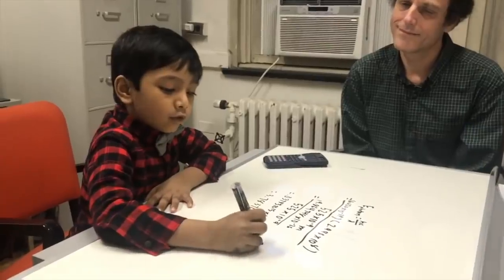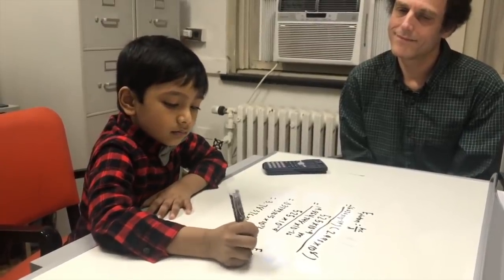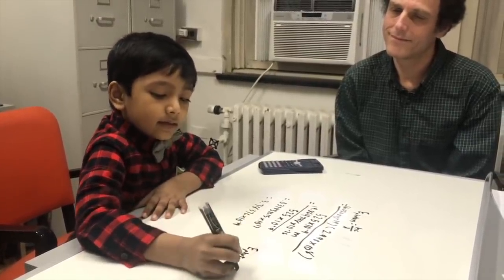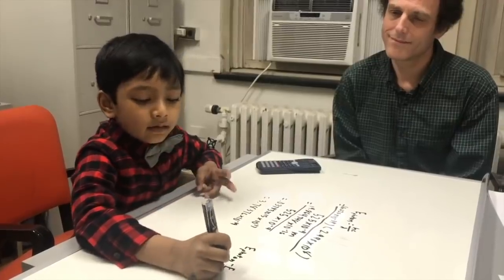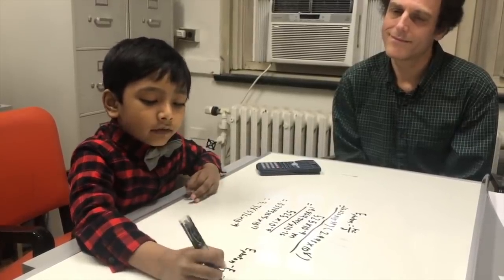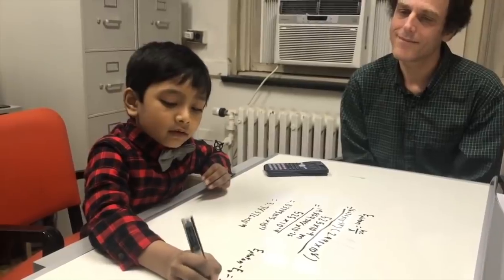Use E photon minus the work function, let's say E naught, equal to half mv squared.